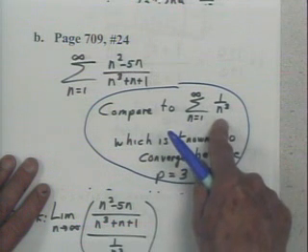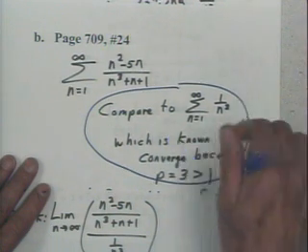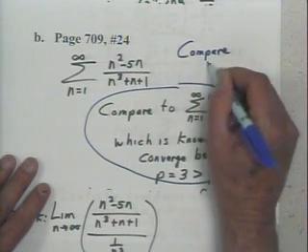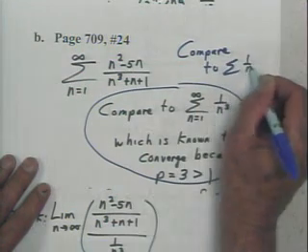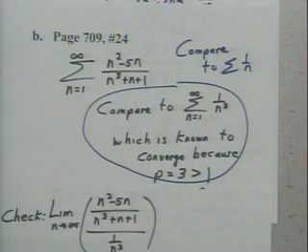What would be the p-series that would diverge? 1 over n. So you go back and compare to the series 1 over n instead, which is known to diverge. Then you do the limit, and then it works out. So I want you to see, in this case, what can happen and how you deal with it.